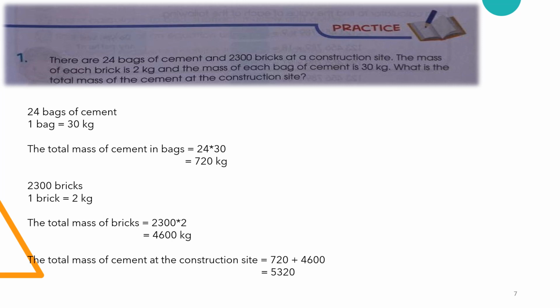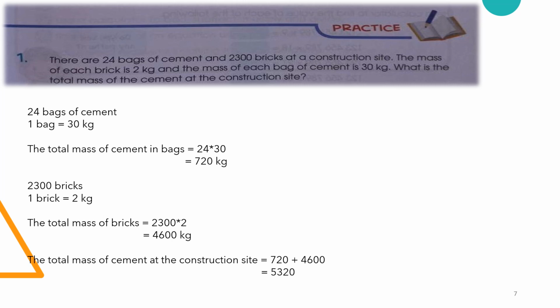the construction site. We know that there were 24 bags of cement and each bag weighs 30 kg. So the total mass of cement bags is 24 multiplied by 30, which is 72 kg. And as for the bricks, there were 2300 bricks and one brick is equivalent to 2 kg.